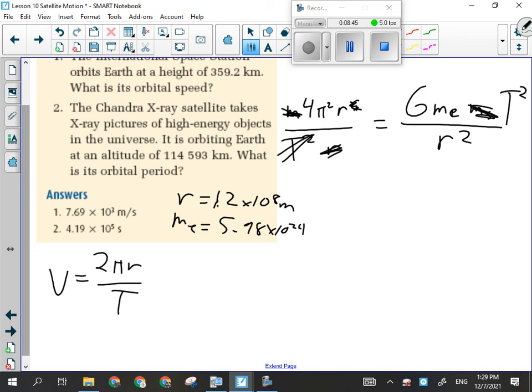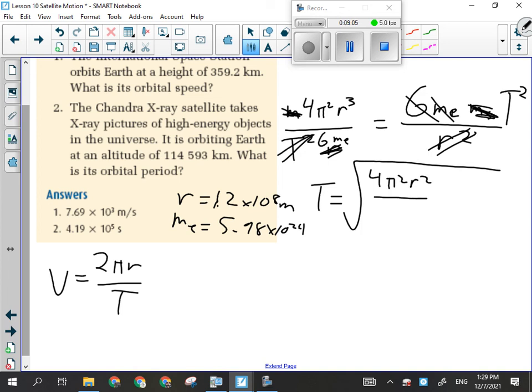So what's r squared times r? R cubed. And then I'm going to divide big G times the mass of the Earth over to this side, and then I'm going to square root it all. So the period of the orbit of this satellite will be the square root of 4 pi squared times r cubed over big G times the mass of the Earth.